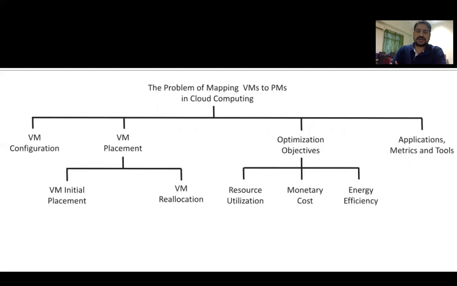So as in the diagram, you can see that placement has two parts, initial placement and reallocation. In the initial placement, newly created or newly configured virtual machines will be placed, and in the reallocation, old configured or old virtual machines will be assigned to a physical machine again.